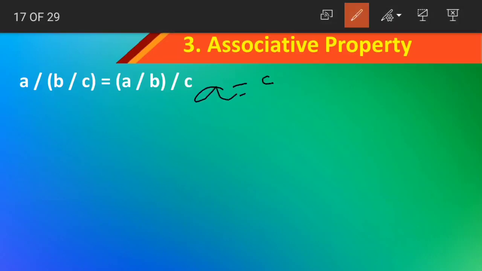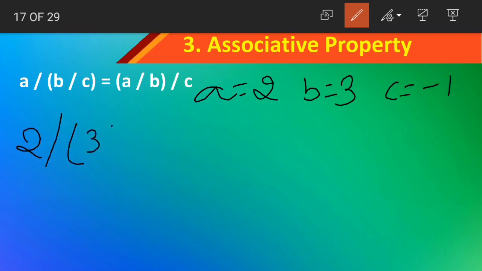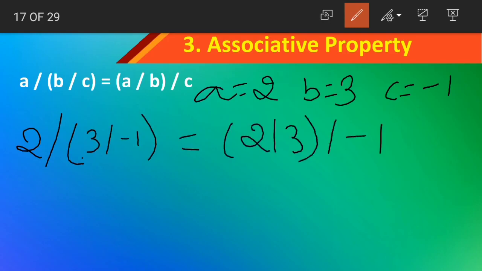Again, A is equal to 2, B is equal to 3, C is equal to minus 1. 2 by 3 divided by minus 1 is equal to again 2 by 3 whole divided by minus 1. Remember, first we should solve whatever is in the bracket. 3 by 1 becomes what? 3 by 1 becomes 3.